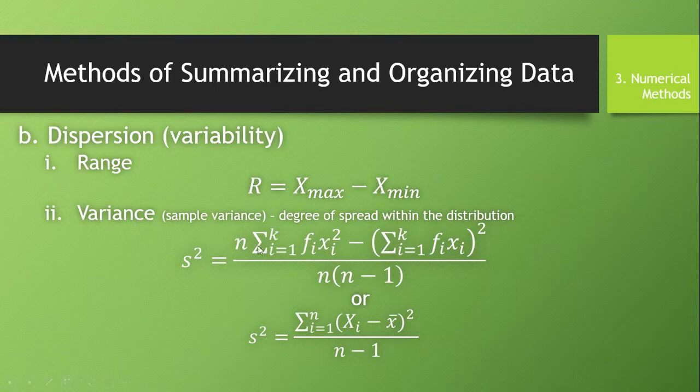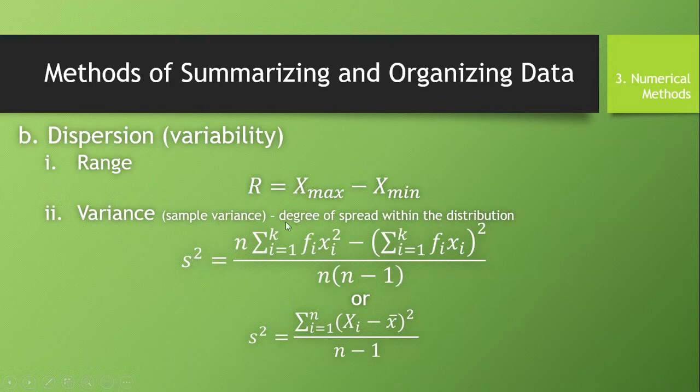Then this variance here refers to the sample variance. If we want to get the population variance, we will be using a different character, and that's the Greek letter sigma. For mean, median, and mode, we will be using the Greek letter mu. Anyways, we will be using the samples.